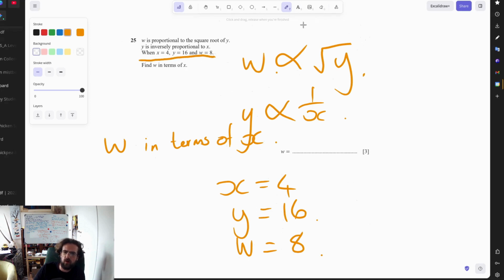So let's test it out. w as 8 is equal to the square root of 16. Do you agree? Is it really? No, because the square root of 16 is 4. So it's 2 times square root of.